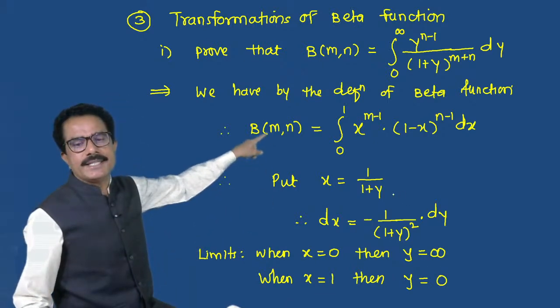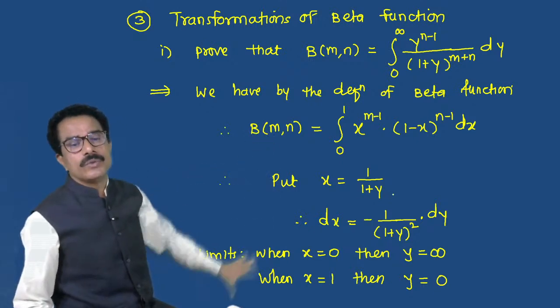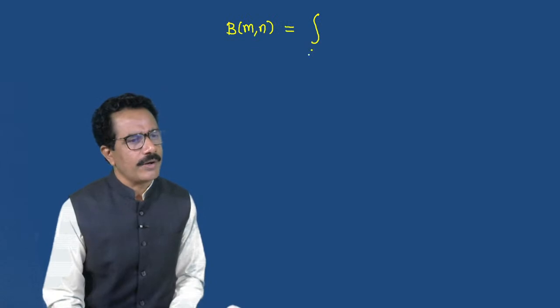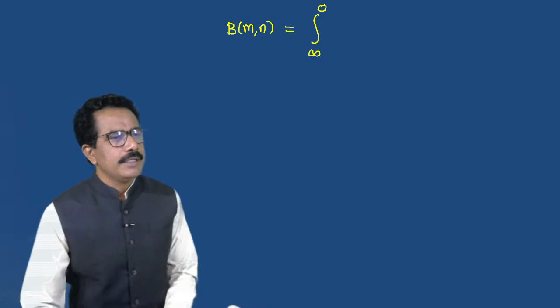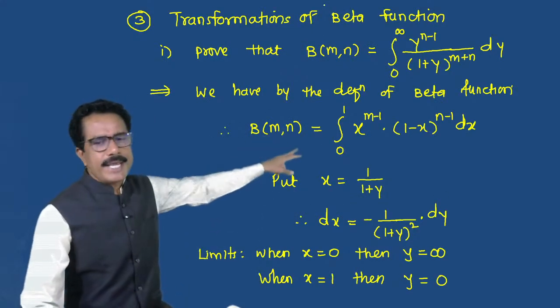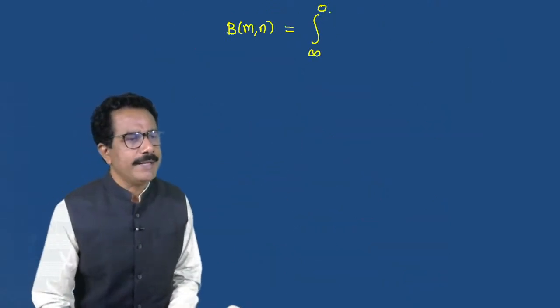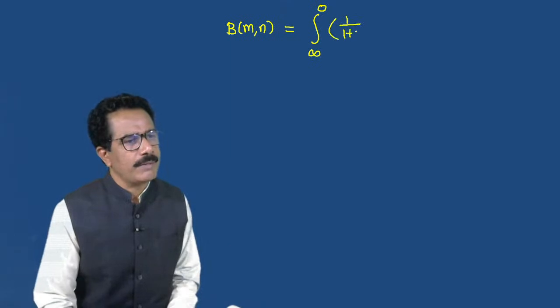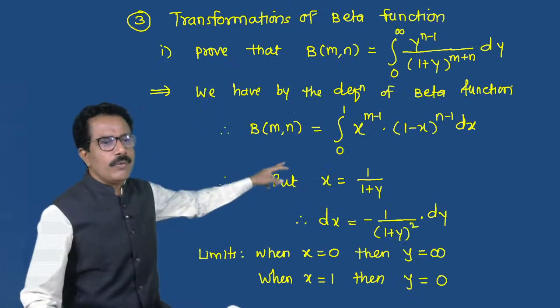So I shall write this integral in the form of y according to our substitution. The left side as it is, beta m comma n, is equal to the integral from infinity to 0, because these are the new limits. In place of x we have to put 1 upon 1 plus y, so 1 upon (1 plus y) raised to m minus 1, into, again, 1 minus x.